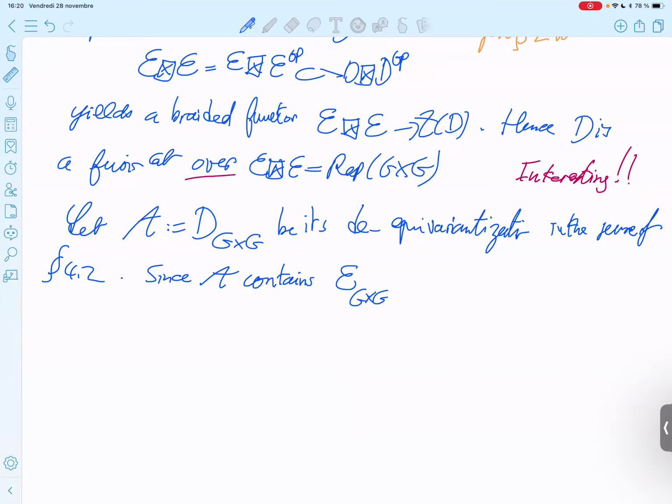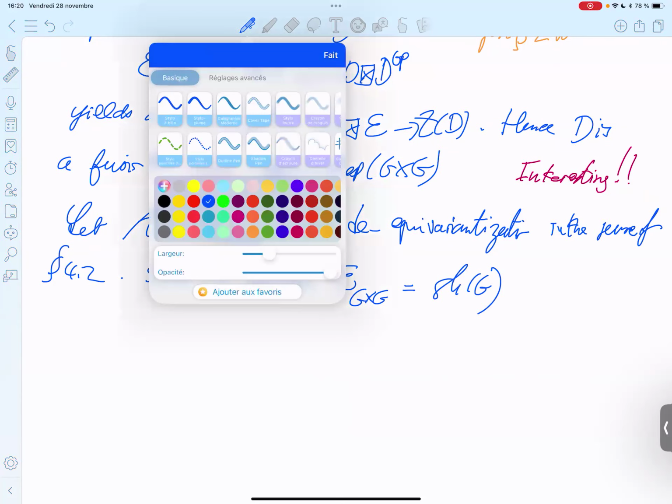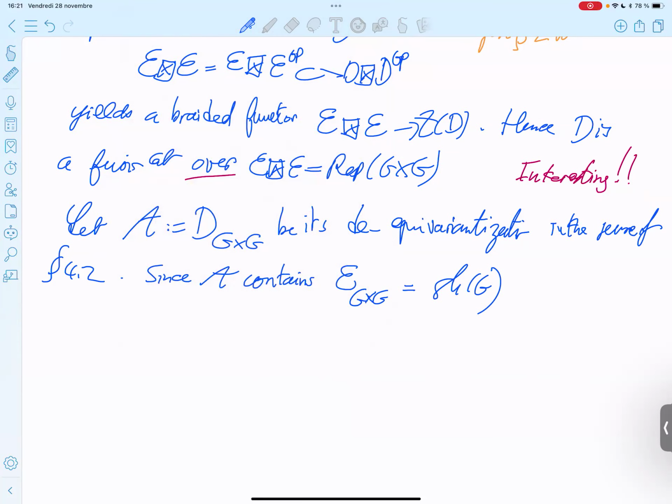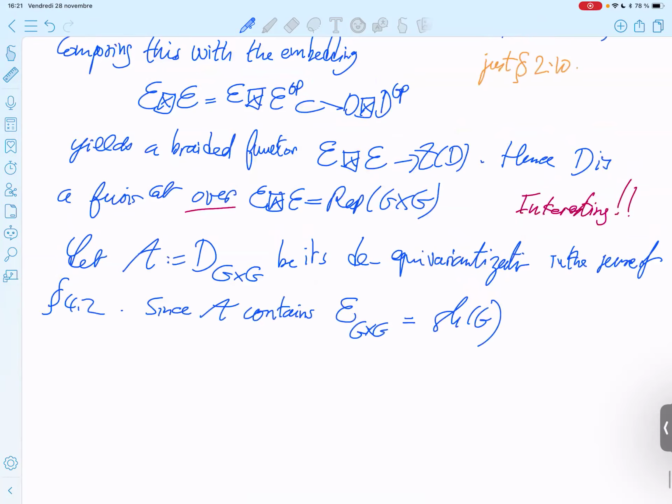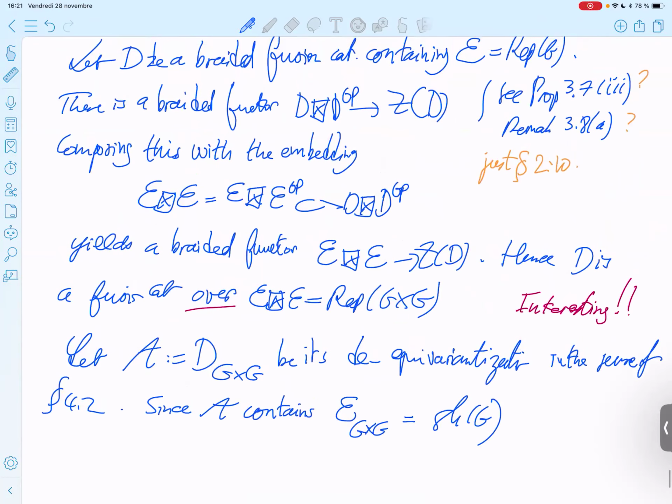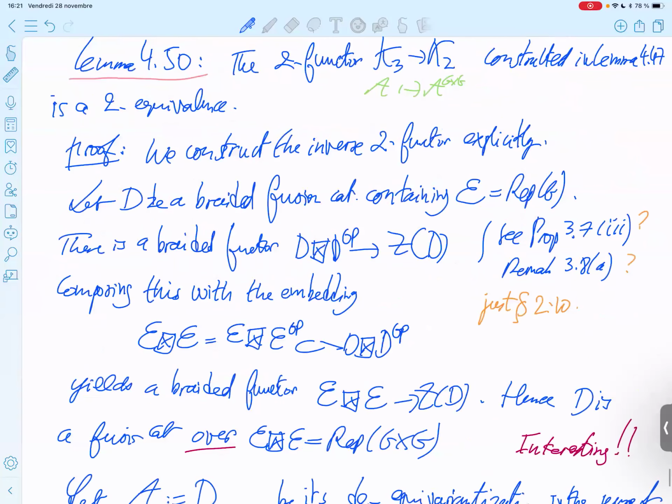So disequivalentization of E. So wait, what about that? Which is that. What about that? So remember, here, Schiff appears as the disequivalentization of E by G cross G. But here, refer to remark 4.80.